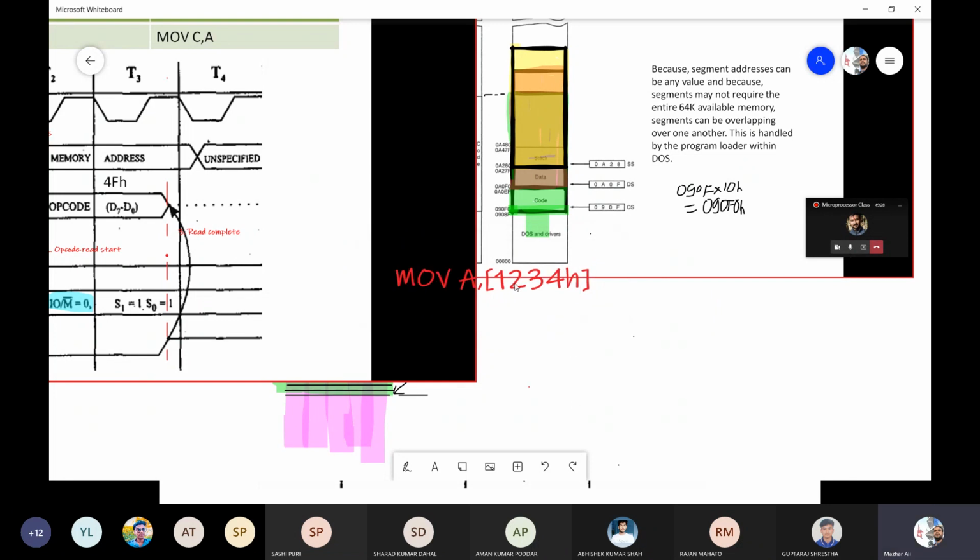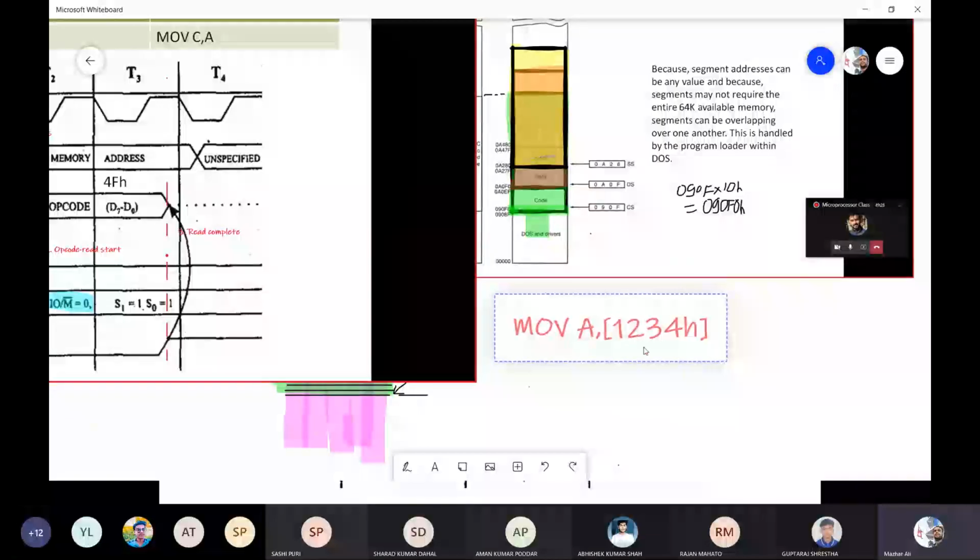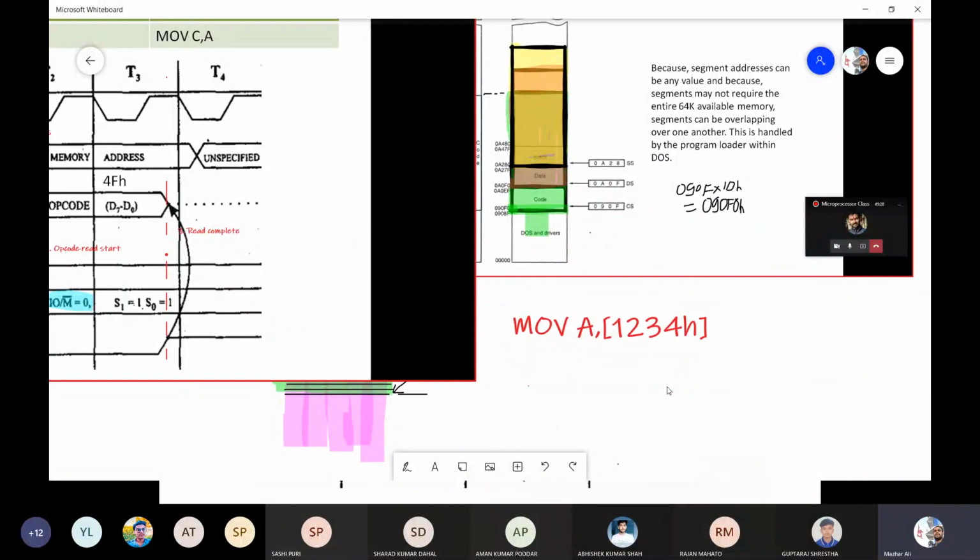This would be an instruction which is reading a value from memory location 1234H and placing it in register A, or the accumulator. So this is a move instruction from memory location to register. If you are supposed to read data from 1234H to register A, that would be a memory read event.